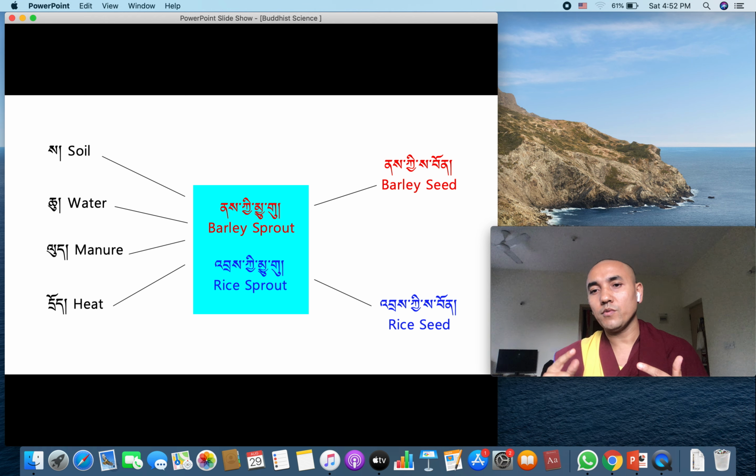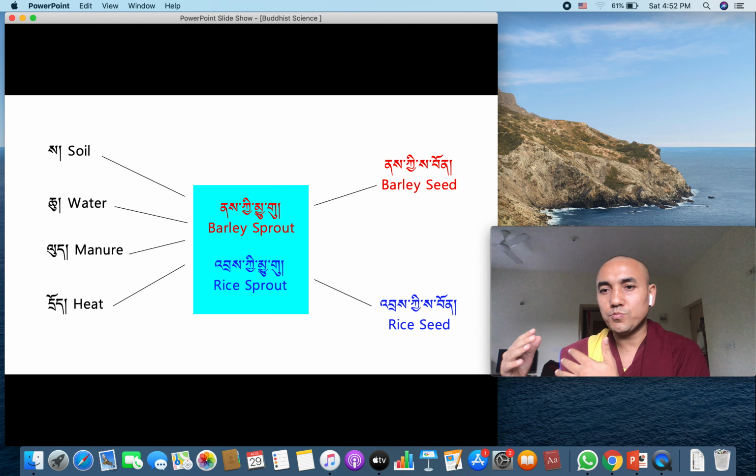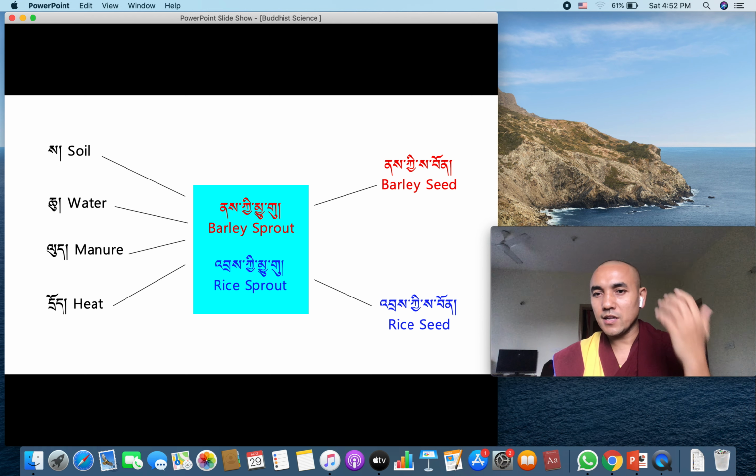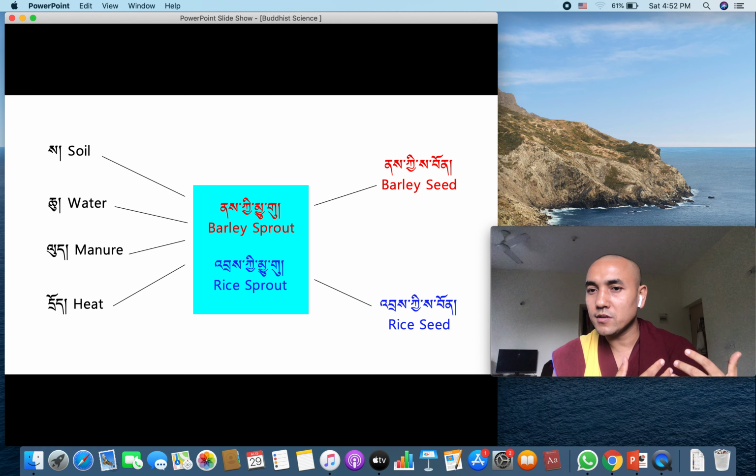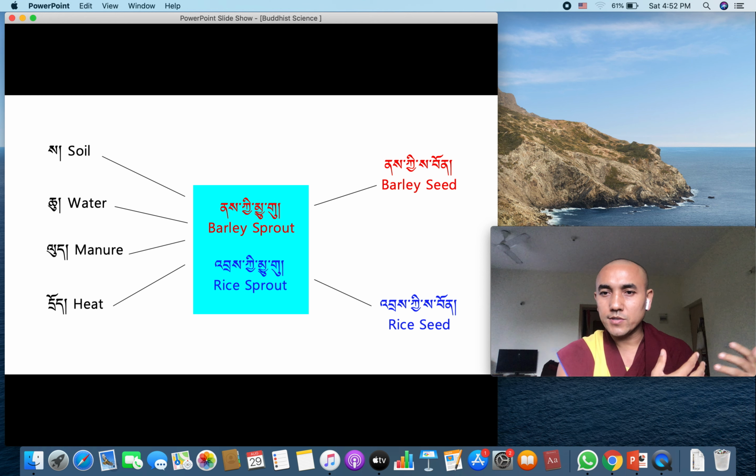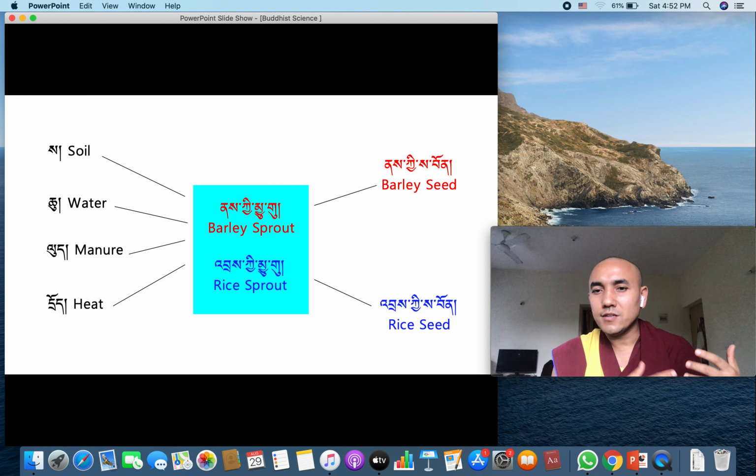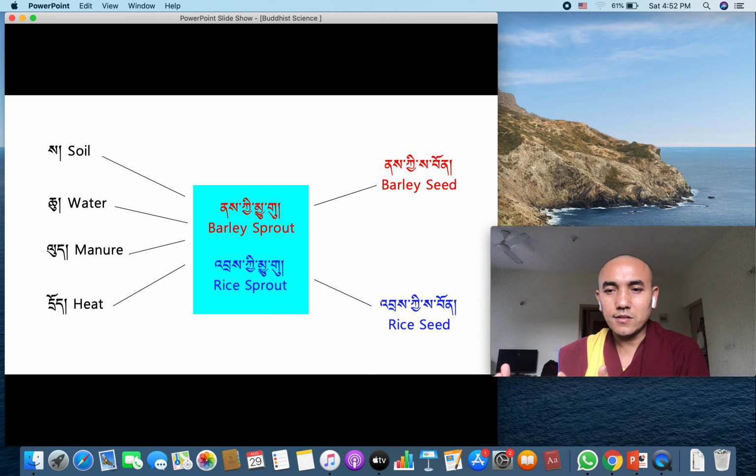So through that way, ancient Buddhist masters, Nalanda masters, are giving a rational explanation to prove there is the existence of previous life. If we accept the existence of previous life, then it is very simple to accept the existence of next life.